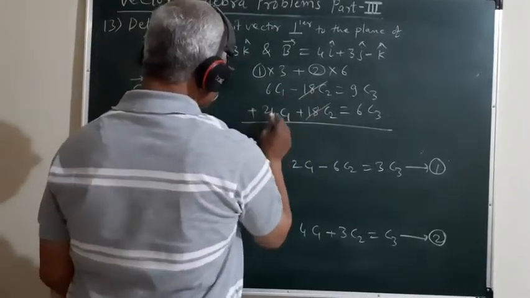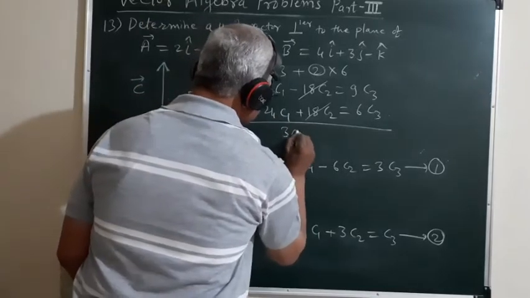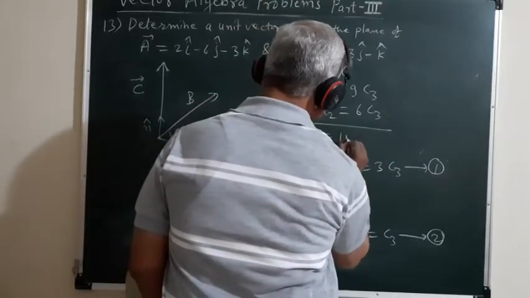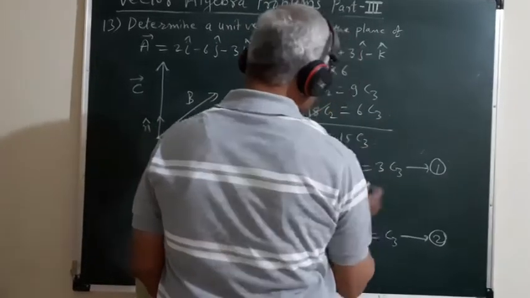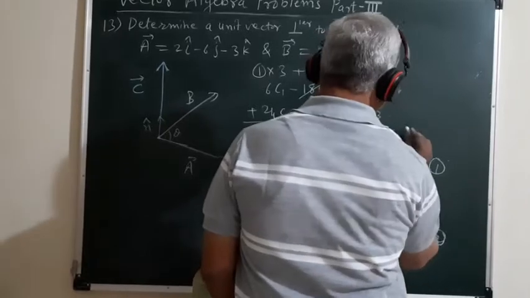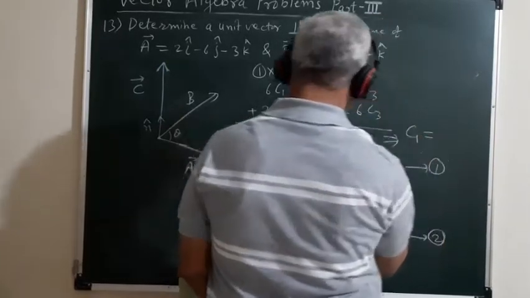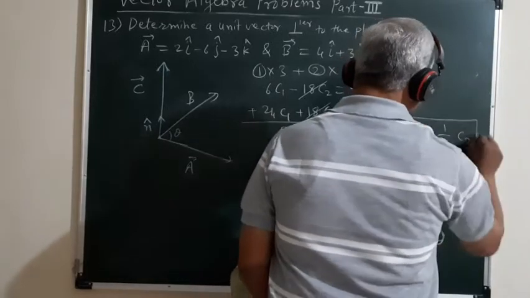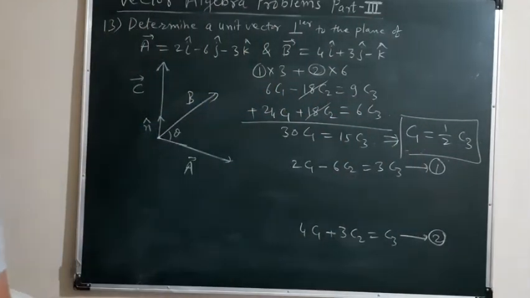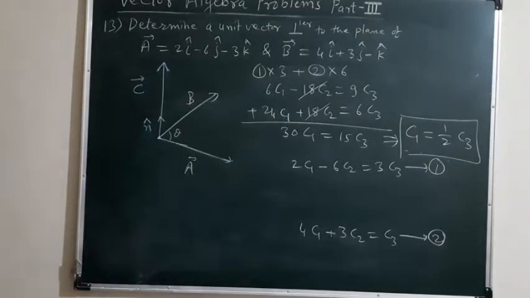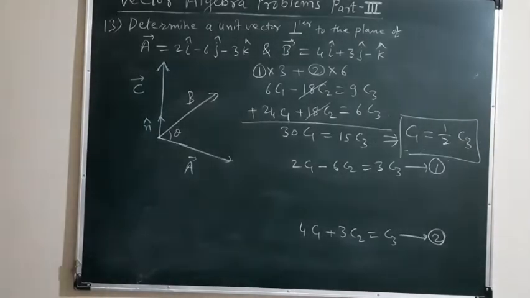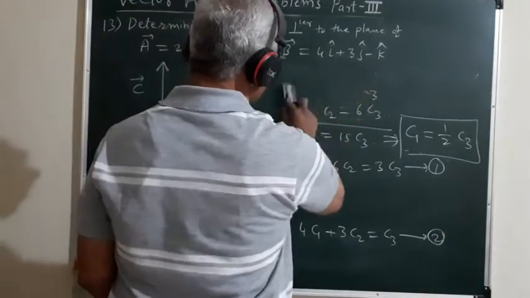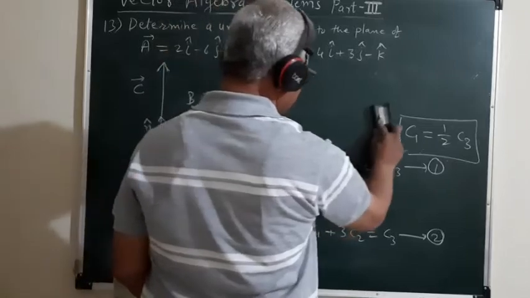So 6C1 plus 24C1 is 30C1 is equal to 9 plus 6, which is 15C3. So this implies that C1 is equal to 1/2 C3. So here we have obtained the value of C1 in terms of C3. Similarly, we can find the value of C2 in terms of C3.